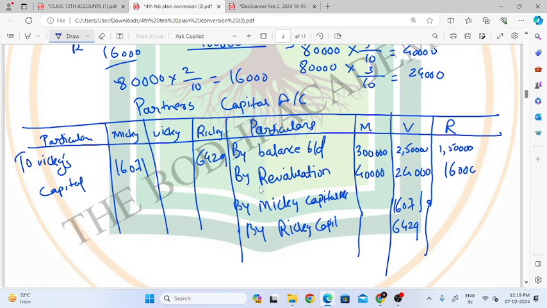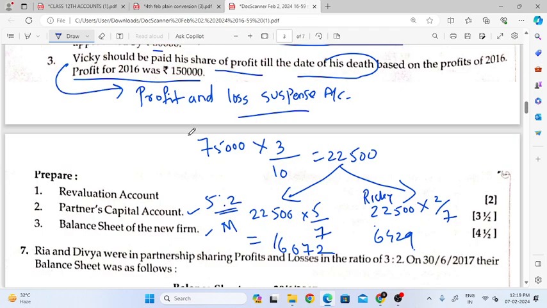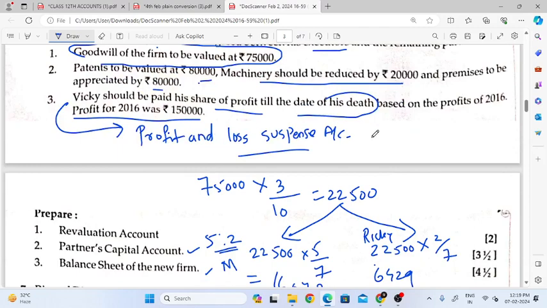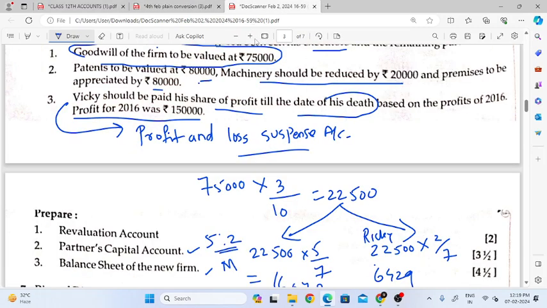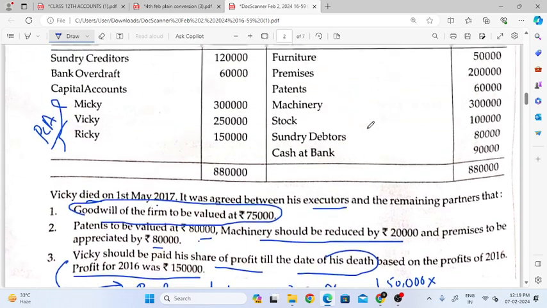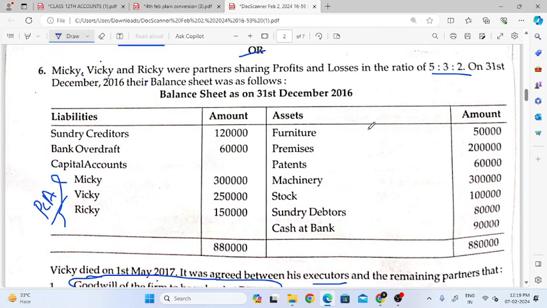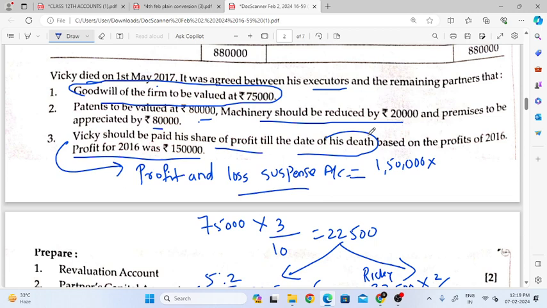Okay, then one more thing is left with regards to adjustment, that is they told us to find out how much is the profit and loss suspense account. So whenever we find profit and loss suspense account, what do we do? We take the profit given here, 1,50,000, multiplied by the dead partner's ratio. Now what is the ratio over here? It is 3/10, multiplied by the months.